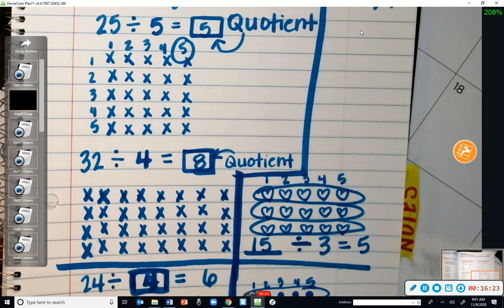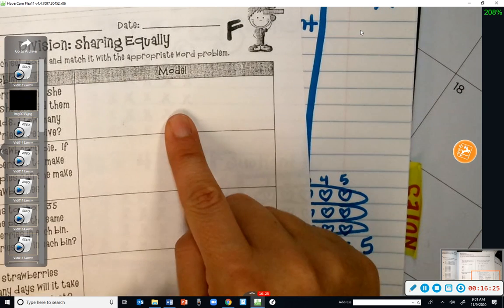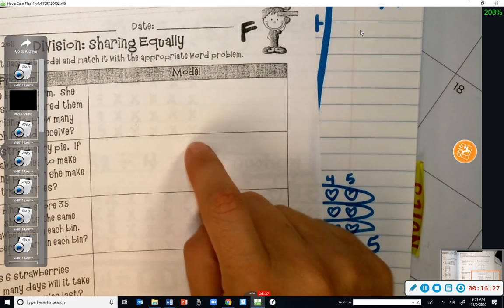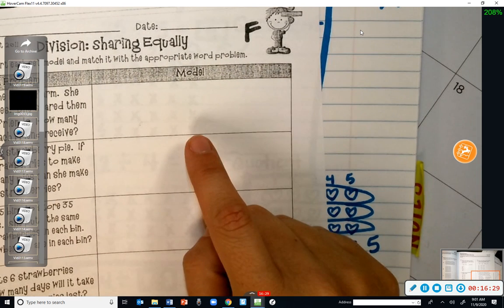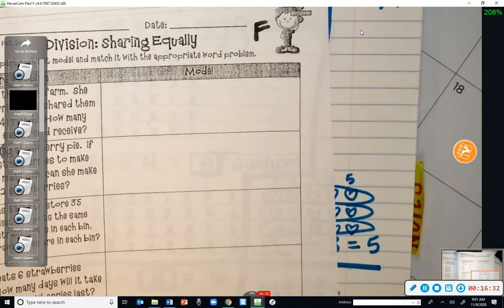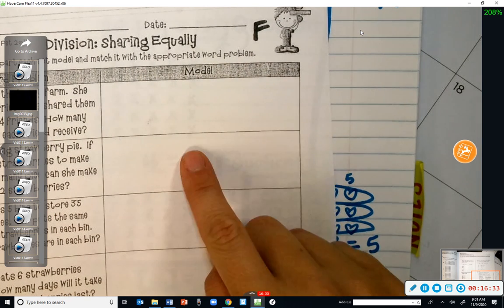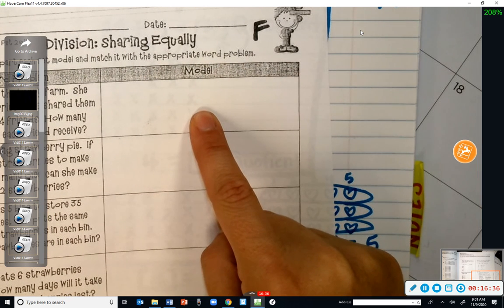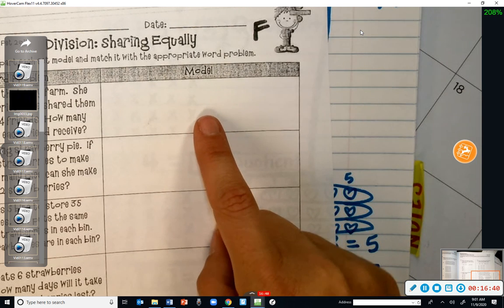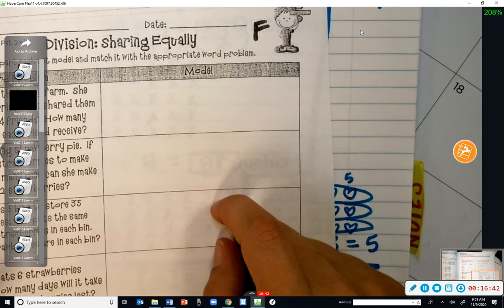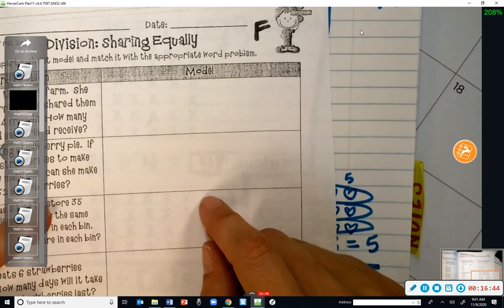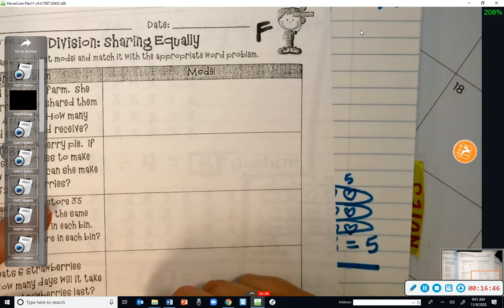So what are we going to do in this box? Bryson, his hand was up, so I'm going to call on him. What do we do in this box? You can do an array, show your work, or equal groups? Yes, so either one. If you want to change it up and do some of both, you can practice both. Okay? What else do we need to show in the box?